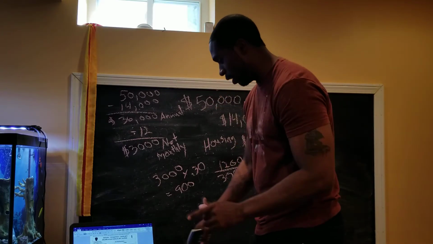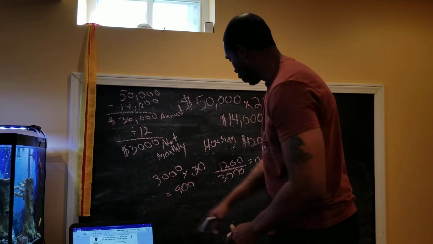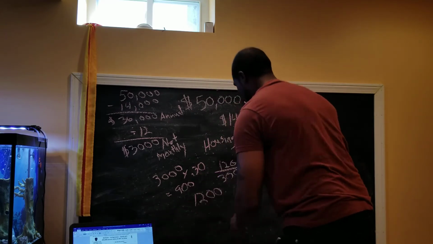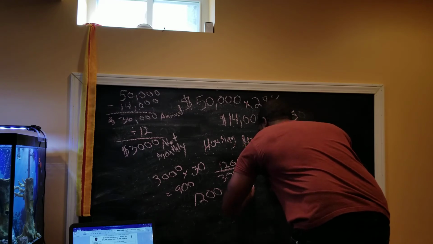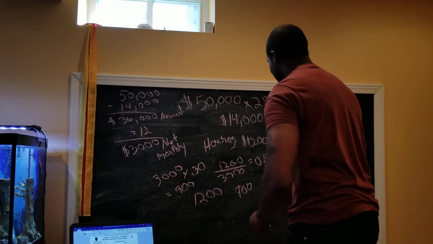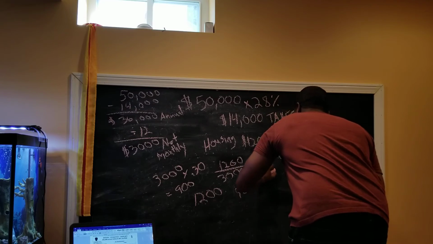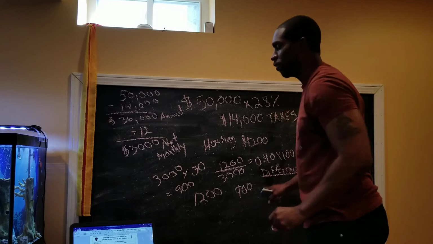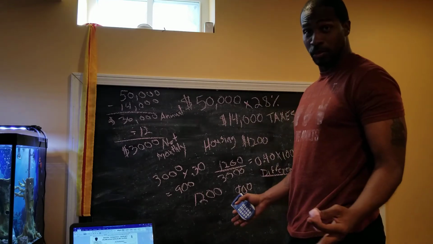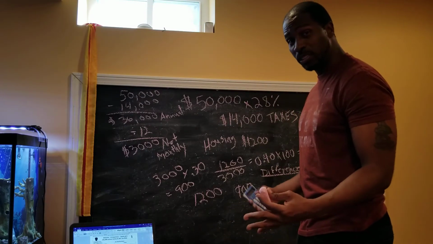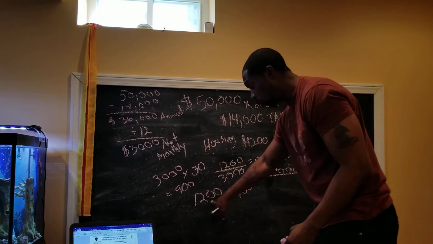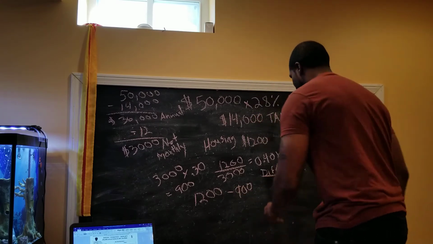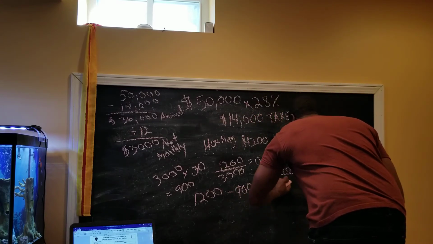Now, however, the next thing, you'll see actual. So actual says $1,200. Projected says $900. Because you just figured that out. And then there's a thing that says the difference. Well, the difference, just like in mathematical terms, difference means subtract. So I take that $1,200, subtract $900 from it, and the difference is $300.